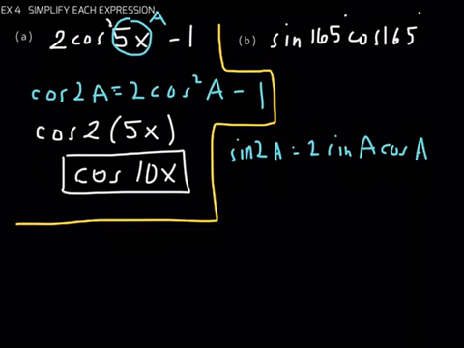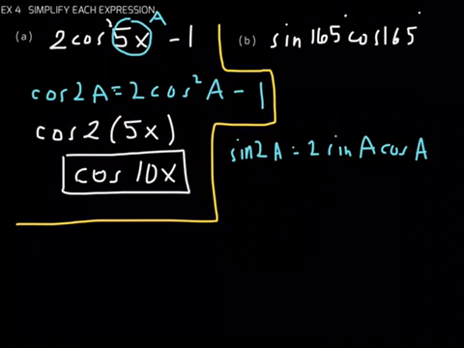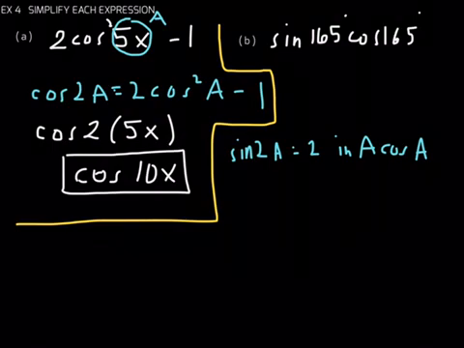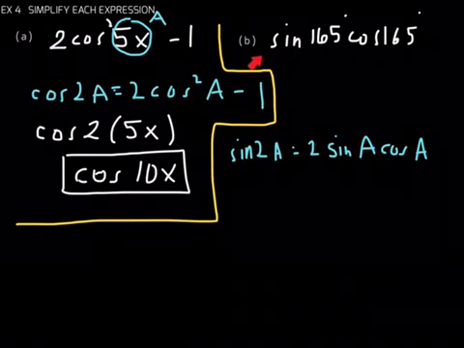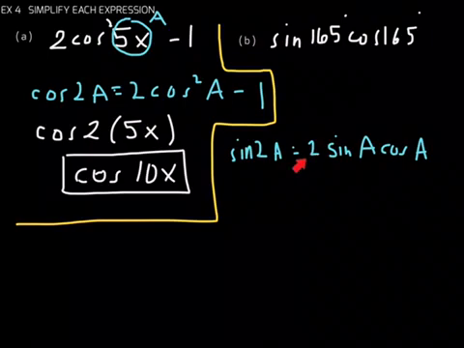We almost have this expansion. Notice that what they gave us almost looks like this. What is it missing in order for it to follow this pattern? Isn't it missing this 2 right here? There's no 2 out front.